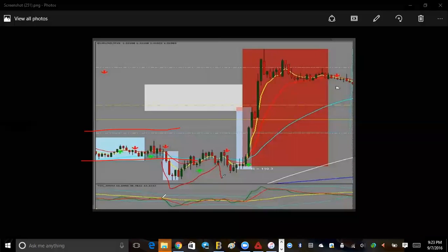TDI is that outside, confirming your W. Keep in mind though, this is a multi-session W, right? New York, London. See how these pins were less than these, right? Confirming also. So the timing element is excluded on this one because this is a multi-session.